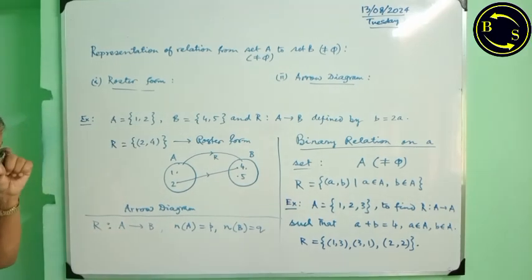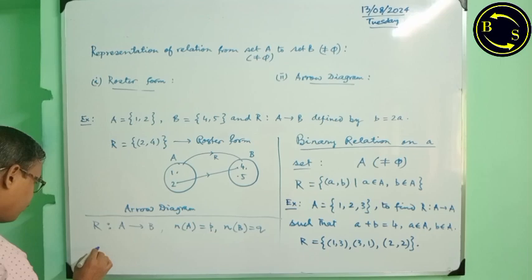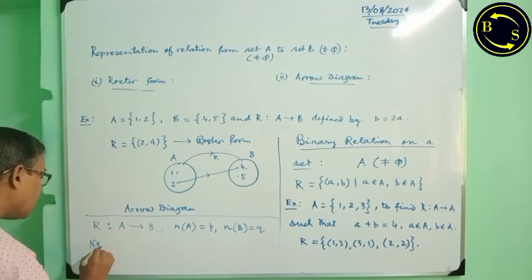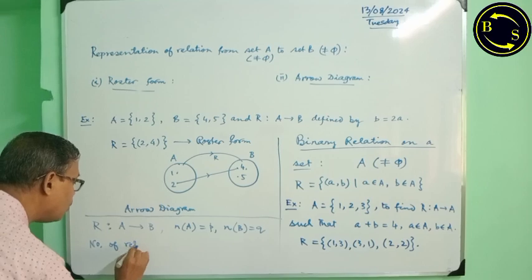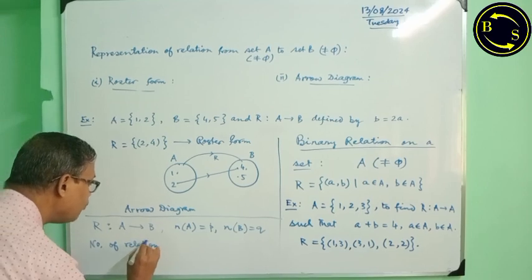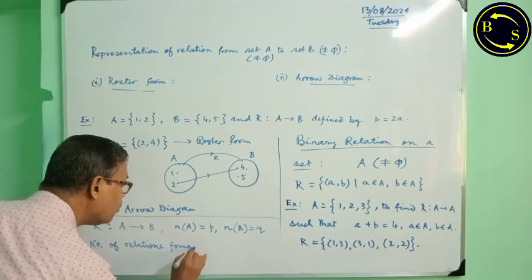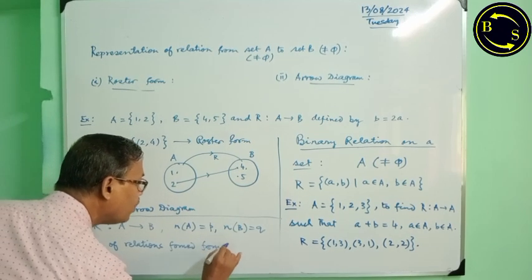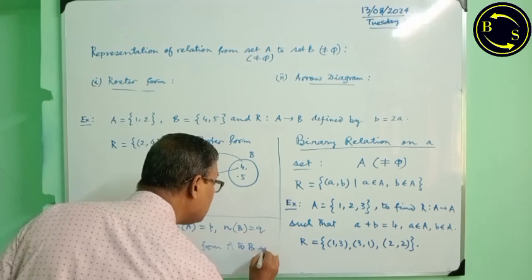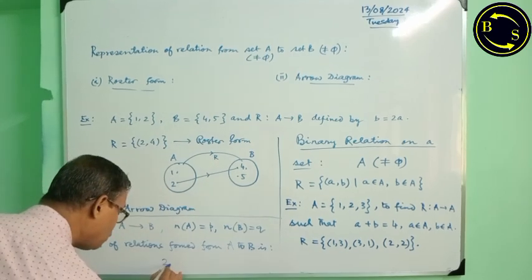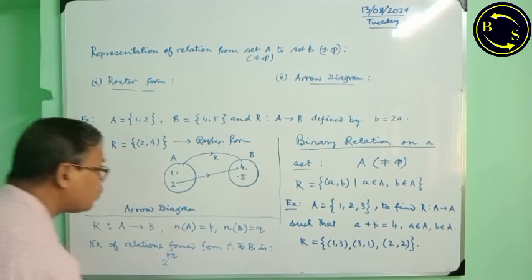Now, how many relations can be formed? The answer is, the number of relations formed from A to B is 2 to the power pq.